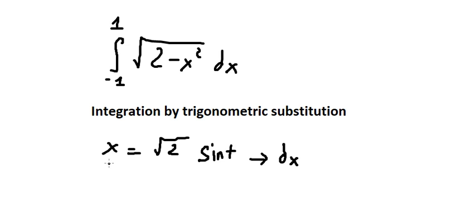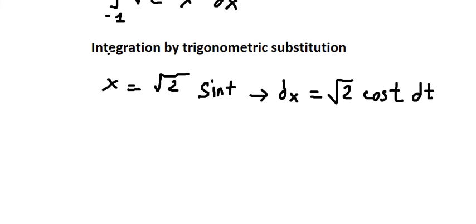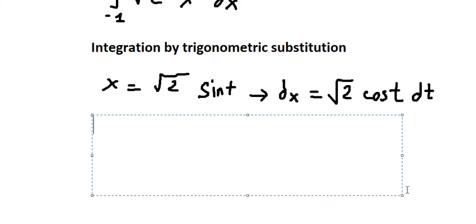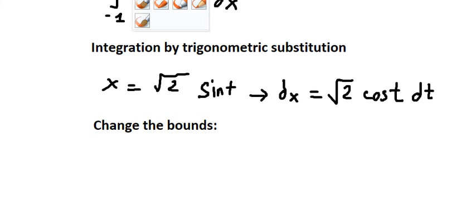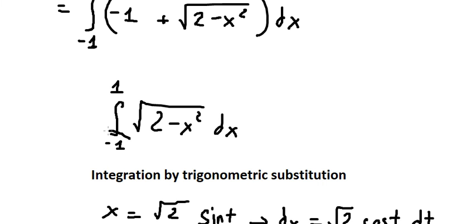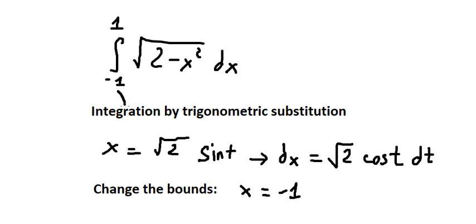Now we need to first take the derivative of both sides, and we have like this. Now we need to change the bounds. When x equals negative 1, from here, I will put negative 1 in here, and then we divide both sides by the square root of 2, so we can find the value of t.